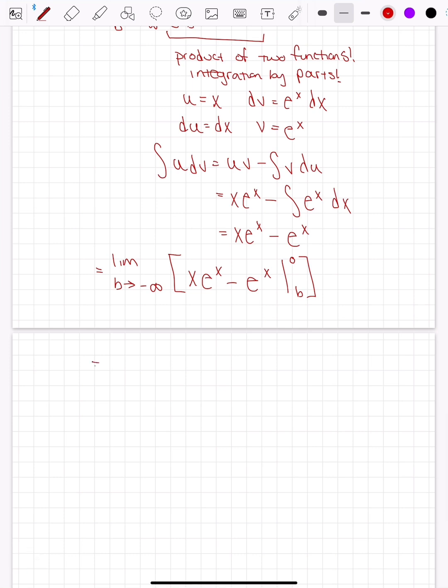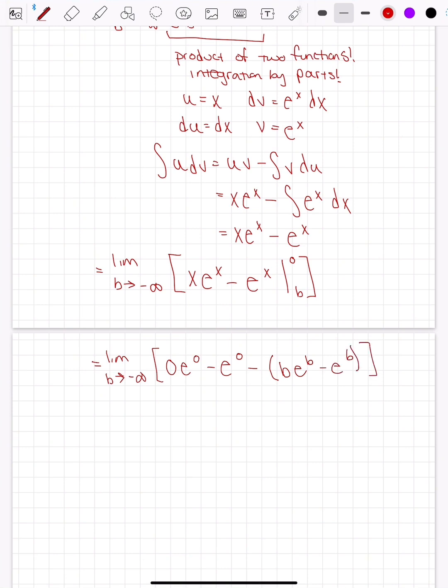Let's plug in our bounds. Make sure you don't drop your limit. First we plug in 0. So it's 0 e to the 0 minus e to the 0, minus, and then we plug in b. We get b e to the b minus e to the b.